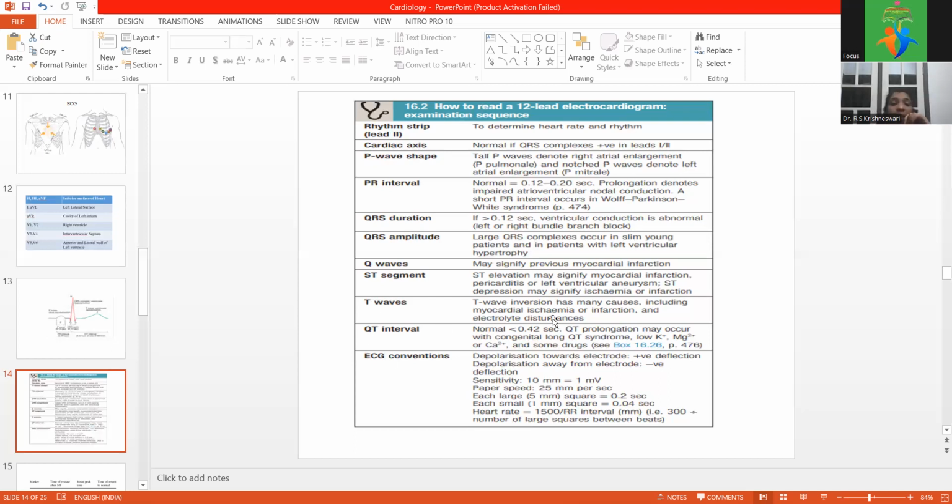Next is T wave. T wave inversion may be seen in myocardial ischemia or infarction and also electrolyte disturbance. Then QT interval. Which is QT?